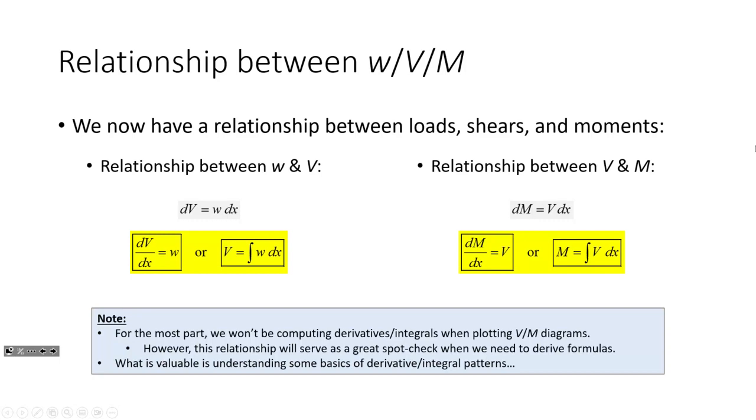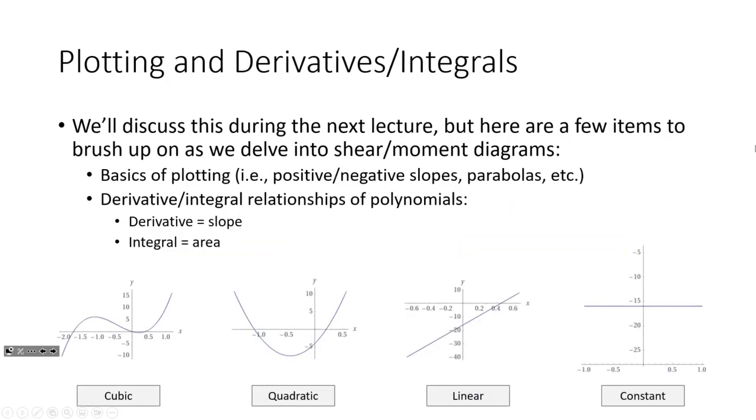So what is important is this, okay? I'm not saying you are going to be doing a lot of differentiation and integration, but what is important is being able to handle these relationships, right? Because I started saying things about how the change in shear is equal to the magnitude of the load, right?